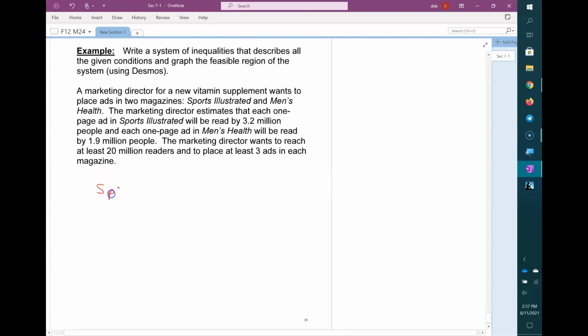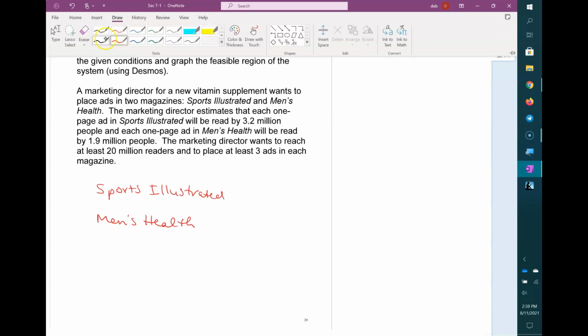So I have 2 magazines, Sports Illustrated and Men's Health. And I want to put ads in each magazine.